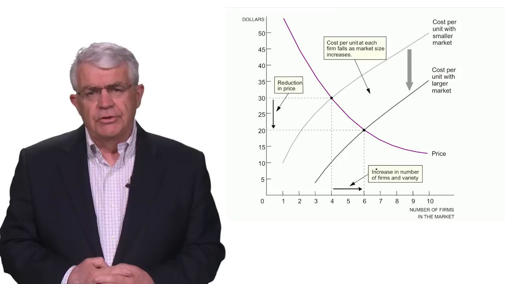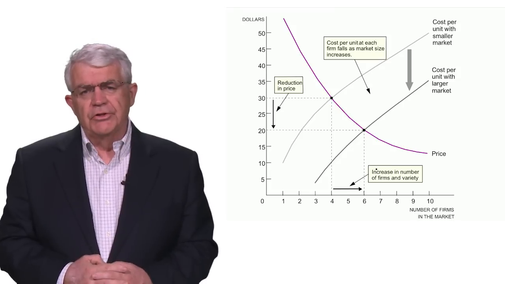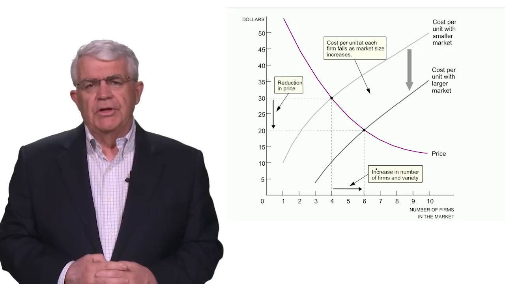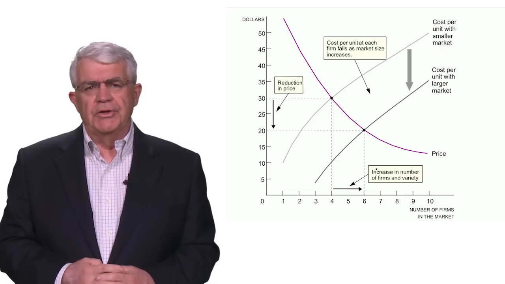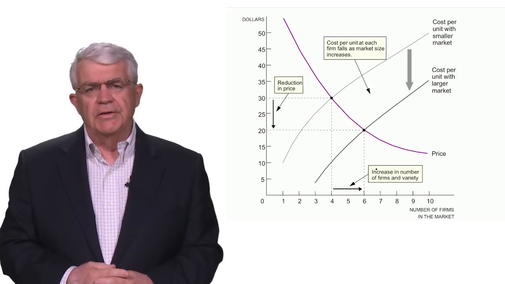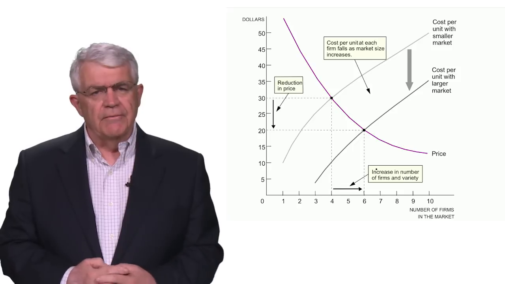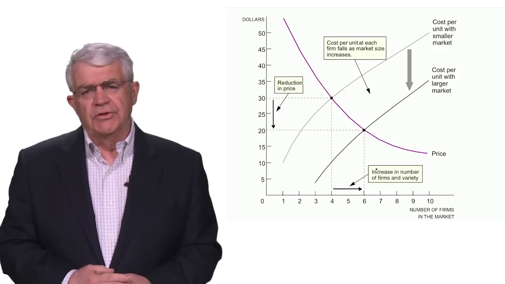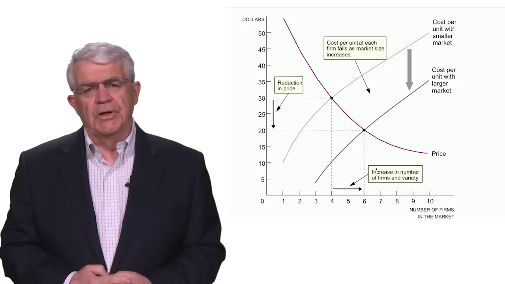Here, with trade within an industry, intra-industry trade, we're finding that we're getting lower prices as a result of the expanded market, so consumers are benefiting from that. They're getting lower prices because average total cost has declined. And moreover, they're getting more variety of products as the number of firms producing different products has increased.